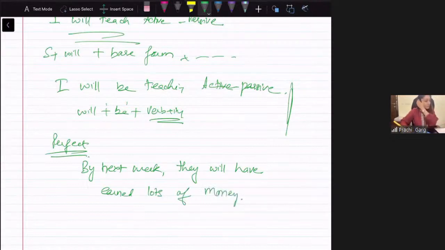Now, we use perfect tense to indicate an action that will be complete before another event takes place. This is a bit tricky. I know future perfect and future perfect continuous might confuse you a bit. These are confusing topics, but just try to understand, and the more you practice, the more clarity you will get. So whatever you're studying in today's class, it is very important to go back and practice.